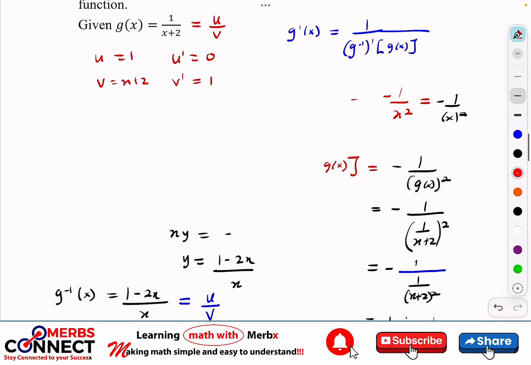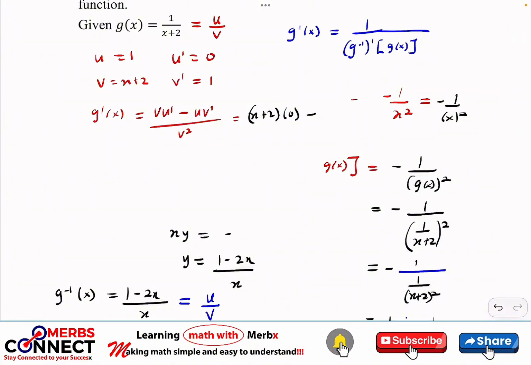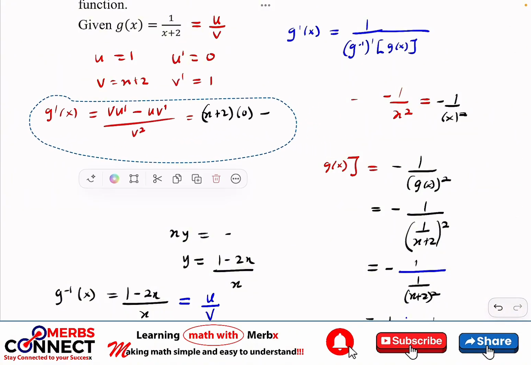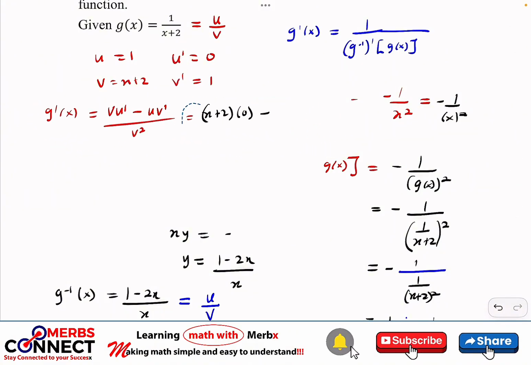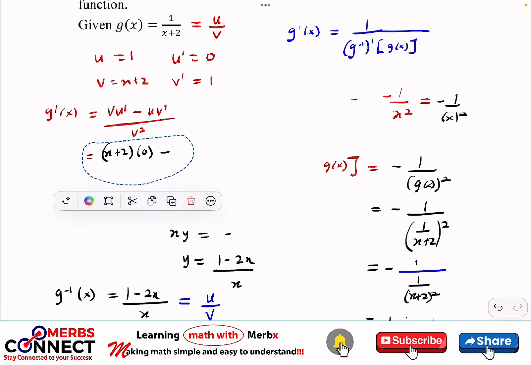So let's just do it. g prime of x is (v u prime minus u v prime) divided by v squared. So this is going to give us v is x plus 2, but u prime is 0, minus, let me shift this one here. Great.